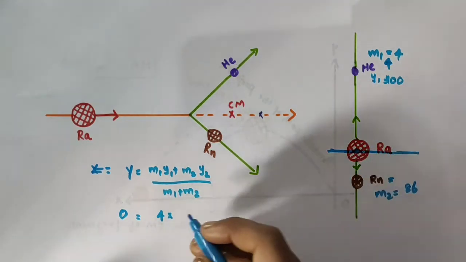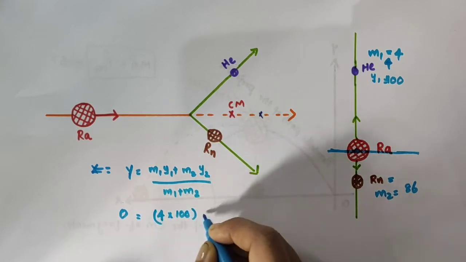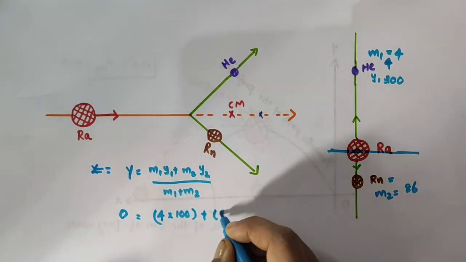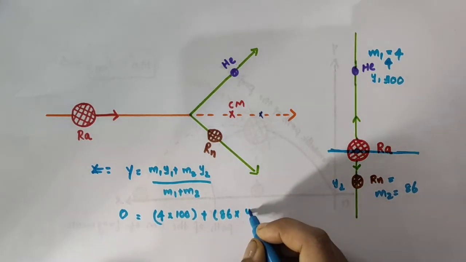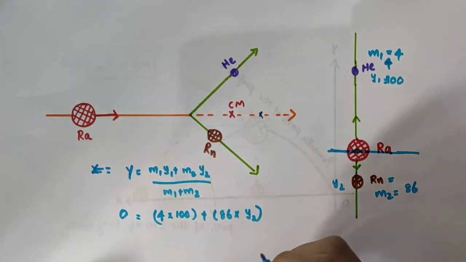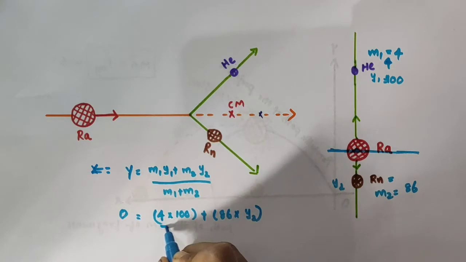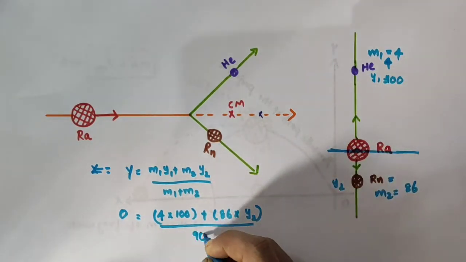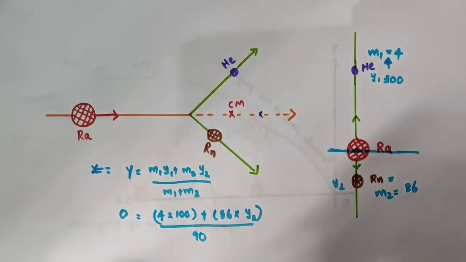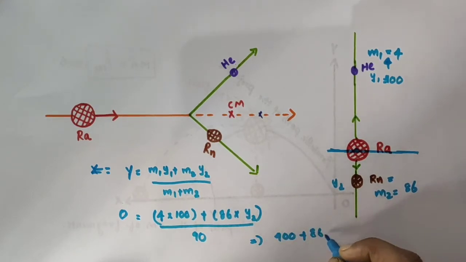So 4 into 100 plus m2, which is 86, into y2, which we don't know, divided by m1 plus m2, that is 86 plus 4, which is 90. So 90 into 0 becomes 0. So we get 4 into 100, 400, plus 86 y2 equal to 0.